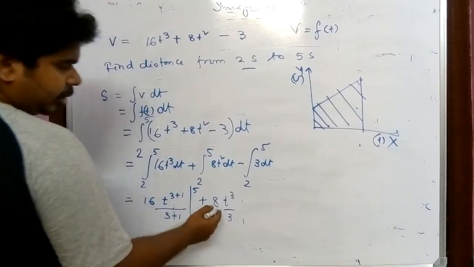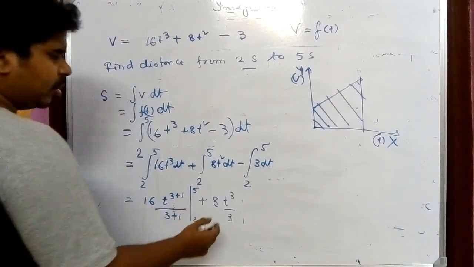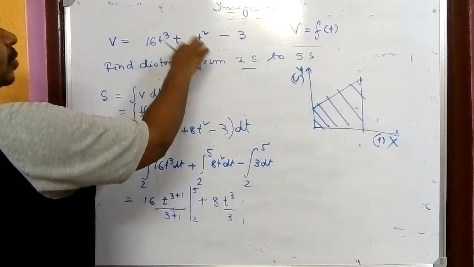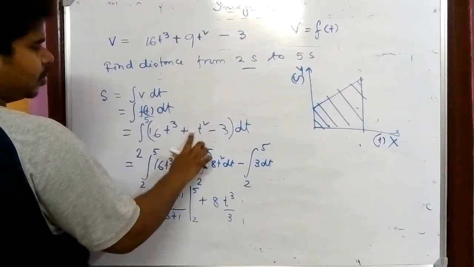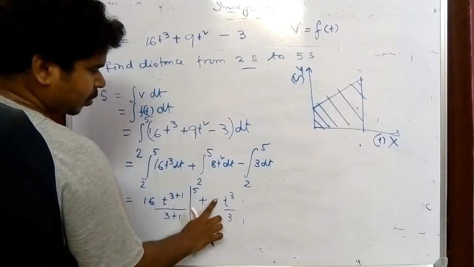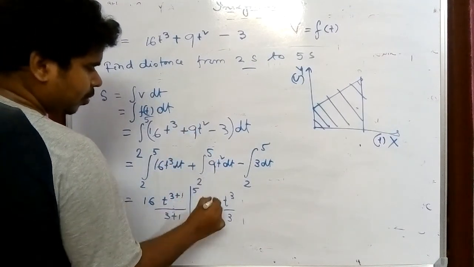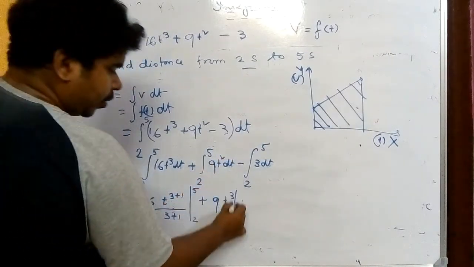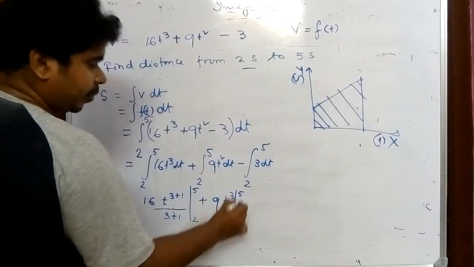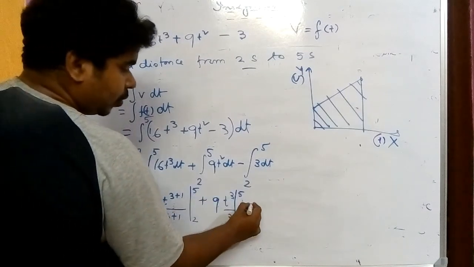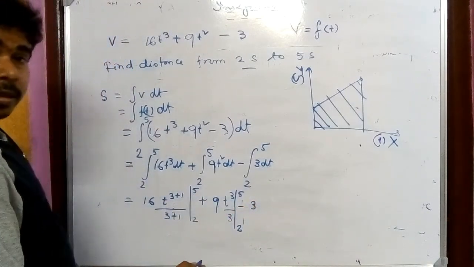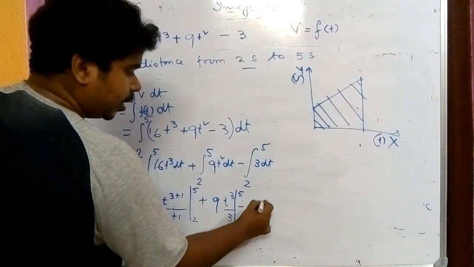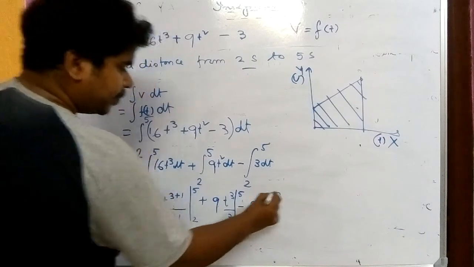Better here also we take 9, then the calculation will be easier, it will be cancelled out. So take it 9. And minus, and here also you have to mention the limit 2 to 5, and 3 dt. Integration of dt means t, just as integration of dx is x. So 3t, limit 2 to 5.